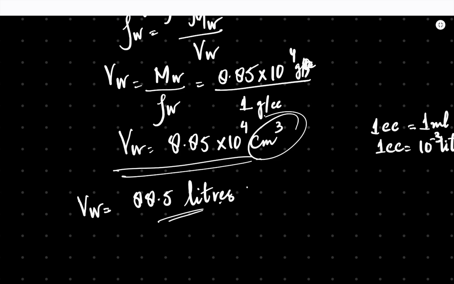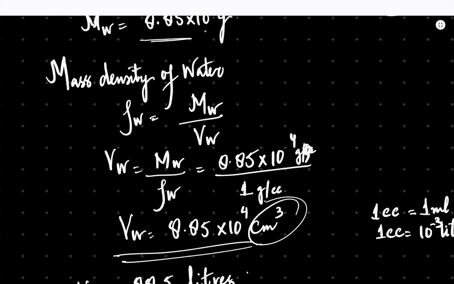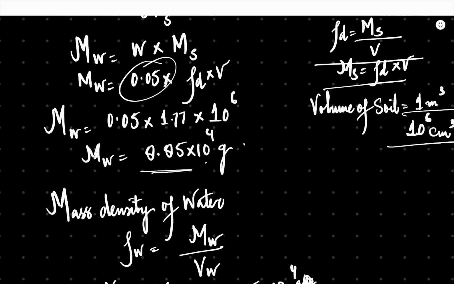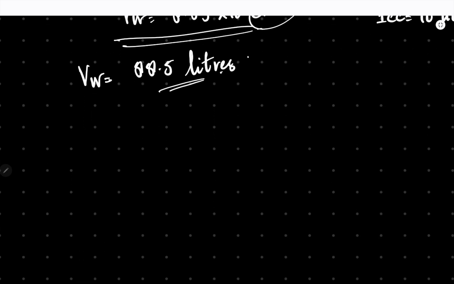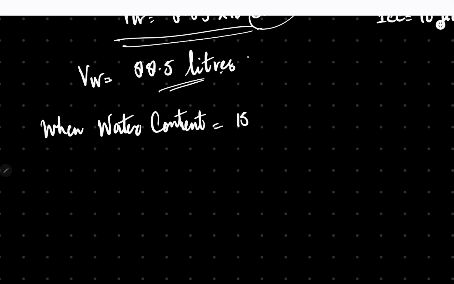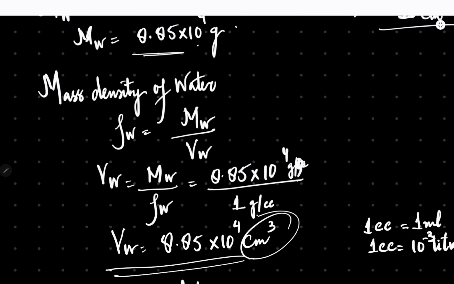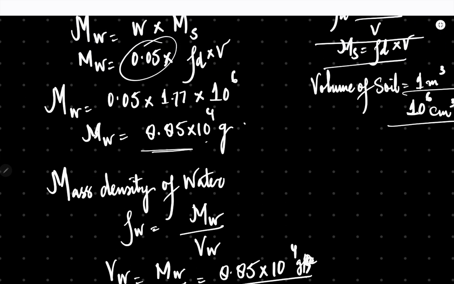Alright students, so this was the volume of water at the current water content, that is 5%. Now water content is 15%, that means 0.15. I'll be using the same computations to calculate the volume of water in that state.